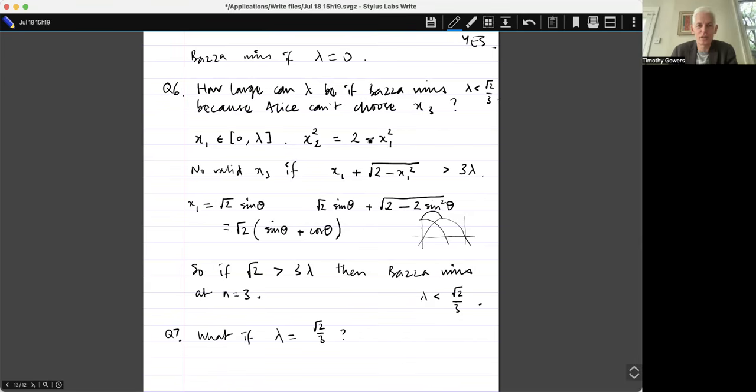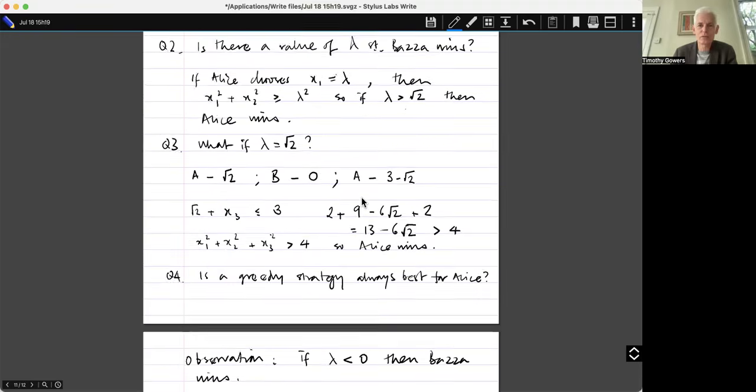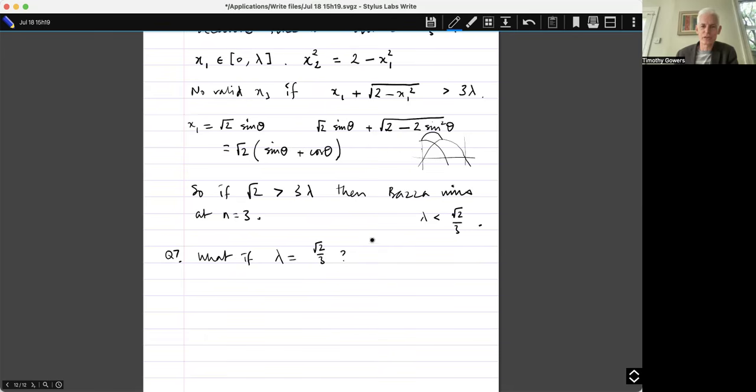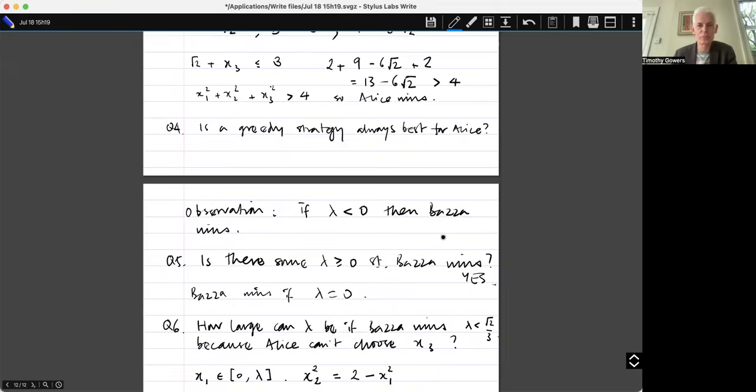So something was a little bit strange. We seem to have this natural barrier at root 2 over 3, and also a natural barrier at root 2. So far, what have we got? We've got that Alice wins. Let me quickly scroll back and check.